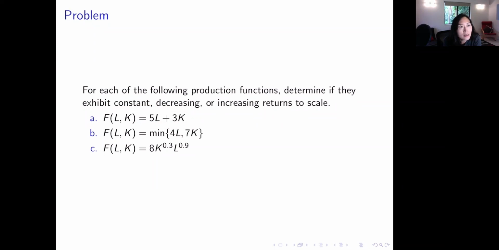Increasing. Yes, C is increasing. That's true. And what about B? Is B increasing, constant, or decreasing? Or couldn't solve it? Constant. Seems like Mengjiao and Haiyang can solve B, and the answer is constant.